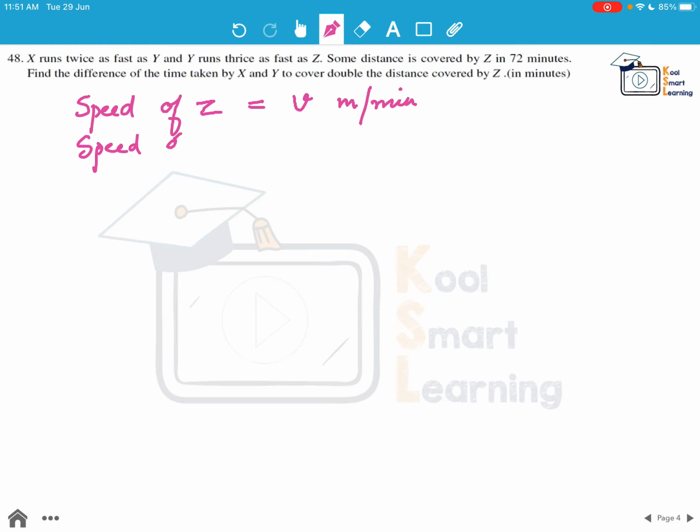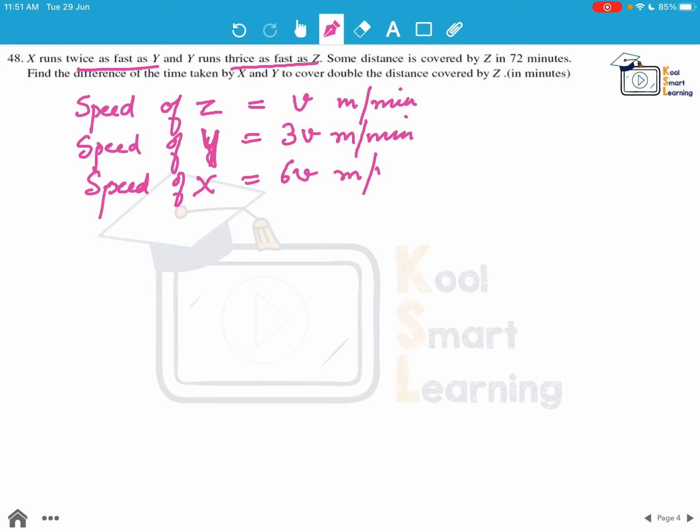Now what is the speed of Y? It is thrice as fast as Z, so this becomes 3v meter per minute. And speed of X, which is twice as fast as Y, so this is 6v meter per minute.